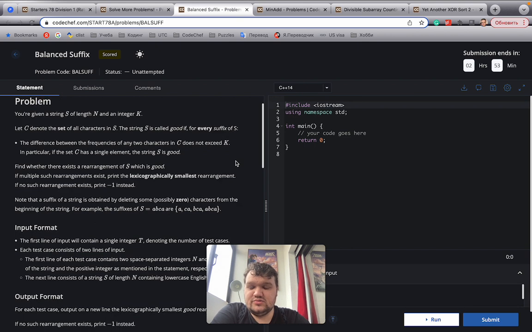So for all characters that are present in the whole string, if we go from right to left, it shouldn't happen that their frequencies are too spread, greater than k. Find whether there exists a rearrangement which is good, and find the lexicographically smallest rearrangement.